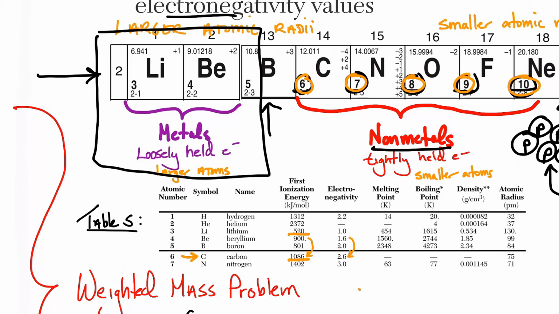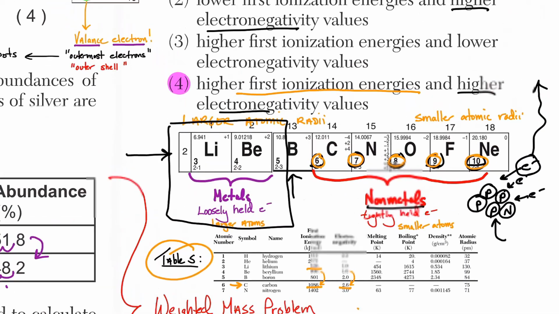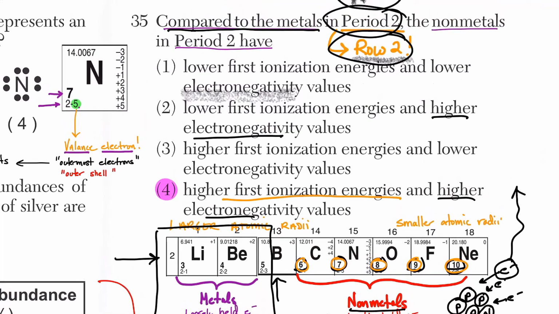And you do the same with electronegativity. So you could just look at table S, most underutilized table here. The beginning part I explained in terms of the trends, but table S is your friend there. Okay, so in any case, on to 35 is 4.